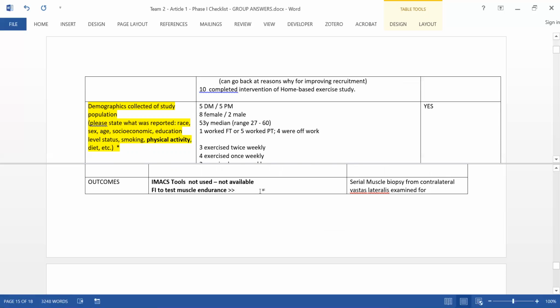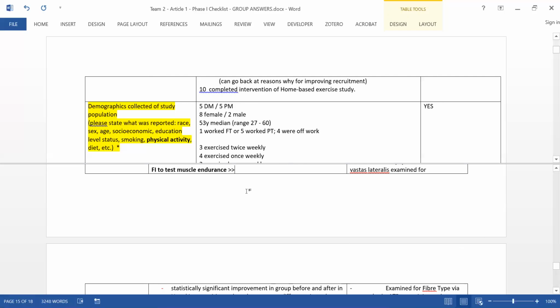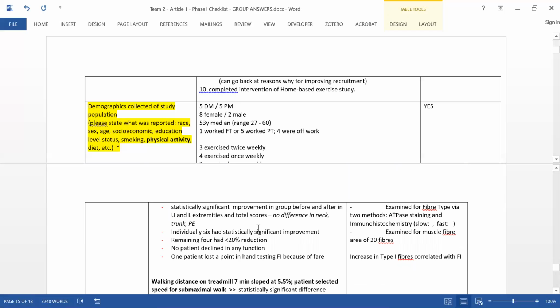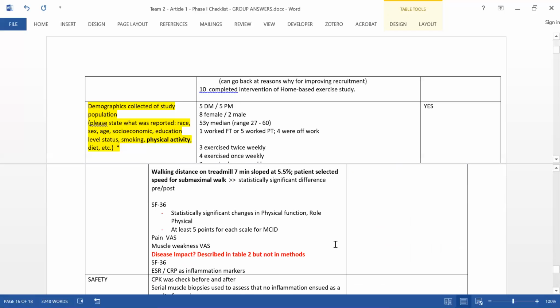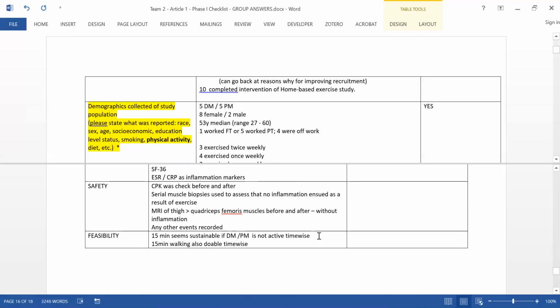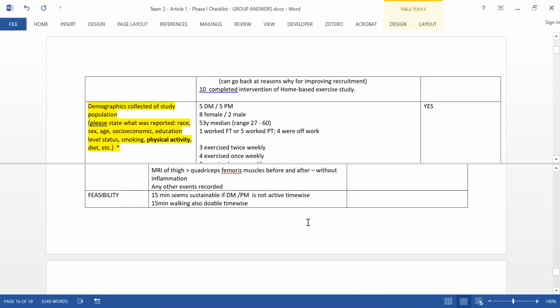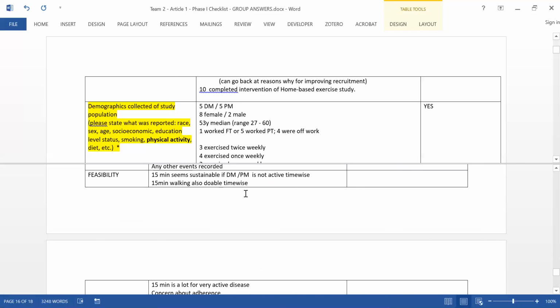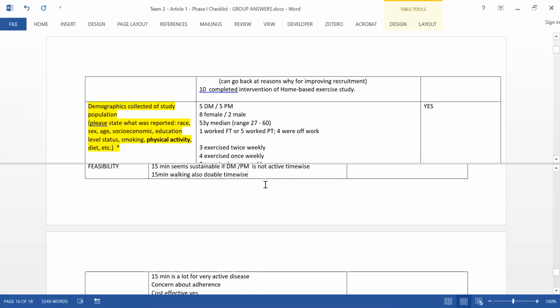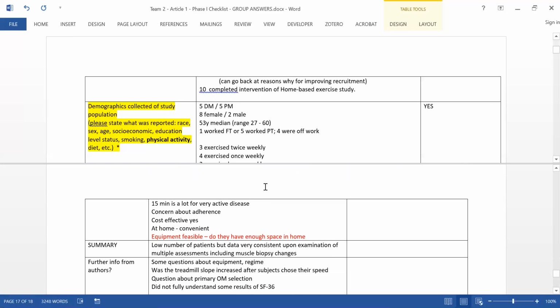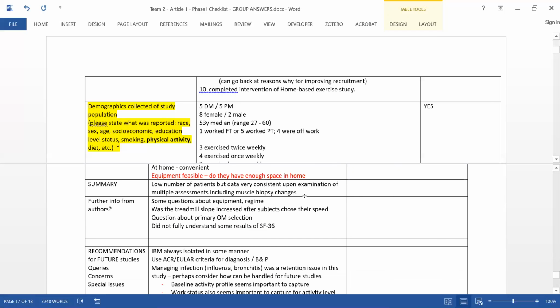So at the same time we're talking about the outcome measure, we're also talking about the results of the outcome measure, how it performed, and then we talk about safety and the feasibility we added to it because it's important for the patients in terms of the exercise program. Then a little summary.